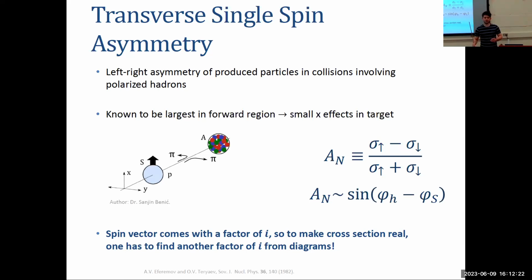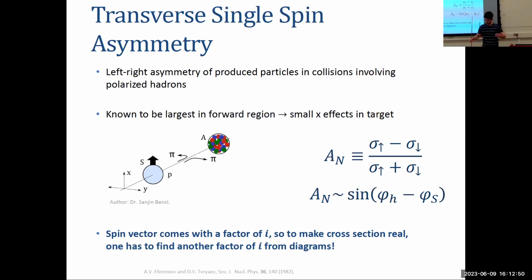After the collision, you will have an asymmetry in the final state. This asymmetry is observable, and you define it as the difference between particles that go to the right and to the left, right and left of what? Well, of the plane which is defined by the spin and the collision axis. Okay, so we want to find out why this happens, and this is the goal of this work.